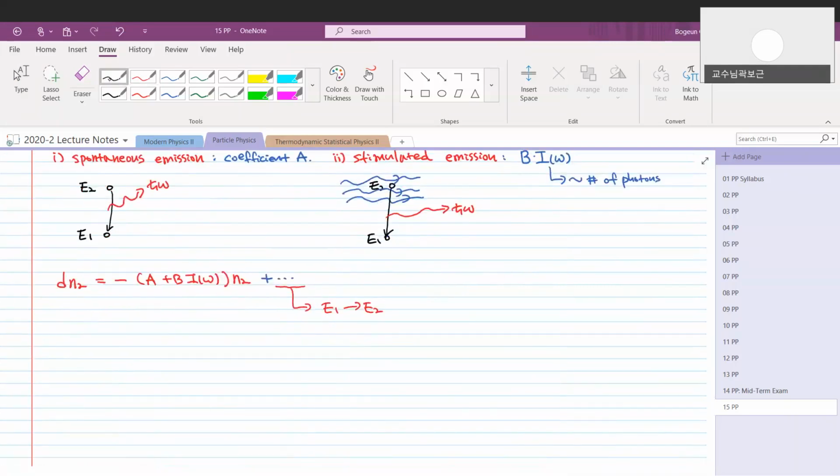So to fully write down the plus part, we need to consider how many particles move from E1 to E2.